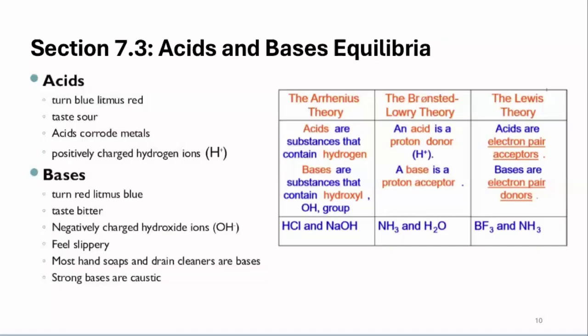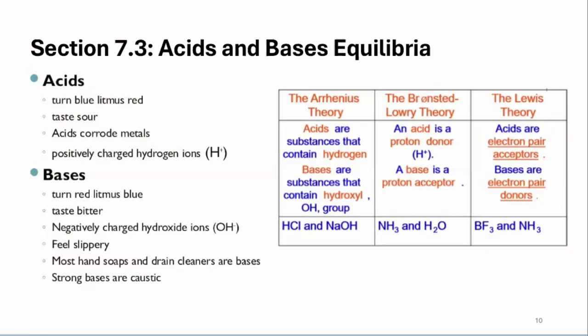When it comes to categorizing acids and bases, there are different theories that explain how we can categorize a substance as an acid or as a base. The original theory came from the scientist Arrhenius. In the Arrhenius theory, acids were defined as substances that contain hydrogen, while bases were substances that contain hydroxyl groups.